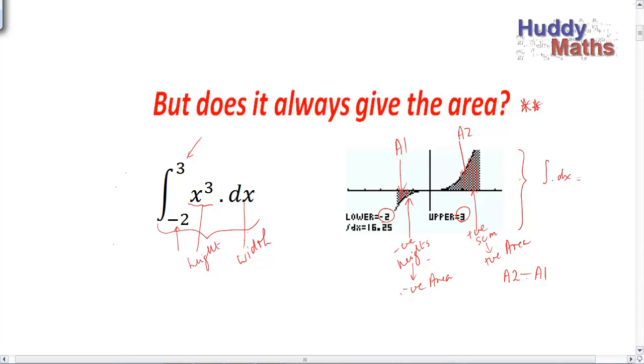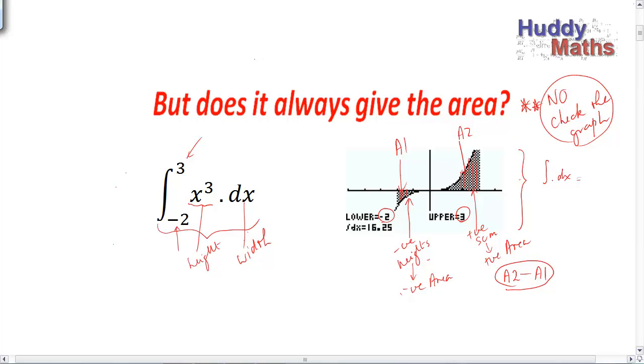A1 would be negative. Effectively, our definite integral, from the fundamental theorem, would give us a difference in the areas. Okay, so what's the answer to, does it always give the area? No. We have to check the graph, that some of the heights are not negative and producing a negative total there.